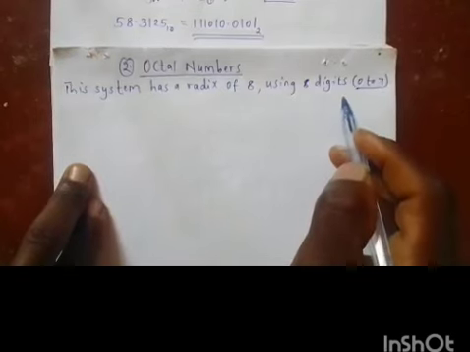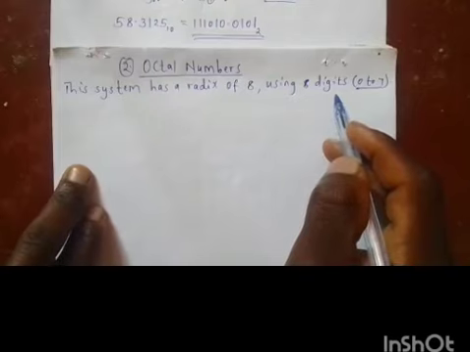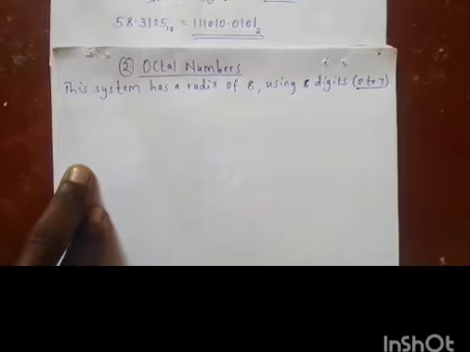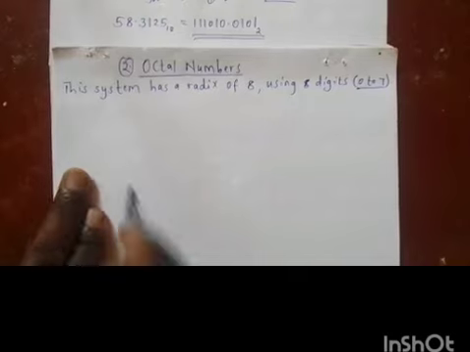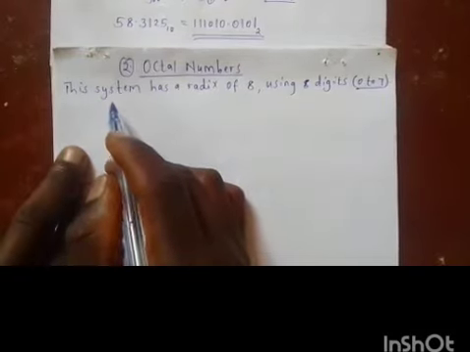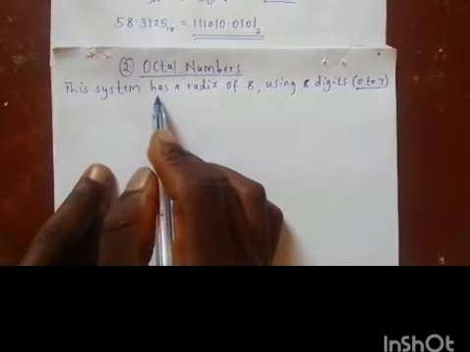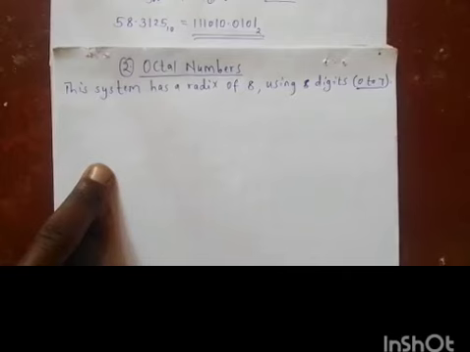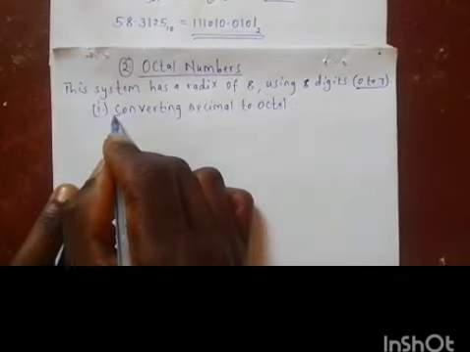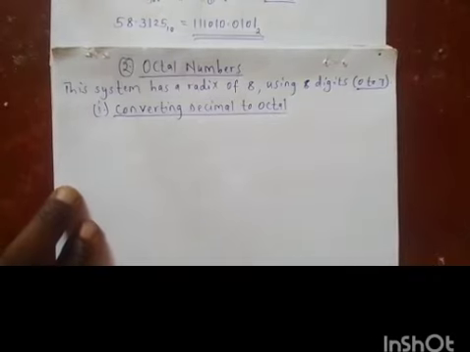We want to go directly to the process of converting octal numbers to decimal numbers and vice versa. First, we look at converting decimal to octal. Let us see some examples.